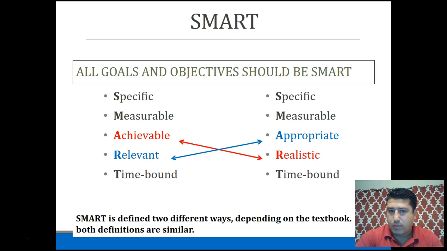It's relevant or appropriate in the sense that if I do this, then it'll help me achieve what the ultimate goal or vision is. And then it's time bound in the sense that I'm trying to achieve this by a certain time, by week 2, or by March 30th, or whatever it is. All right, so that's what the SMART principle is saying.